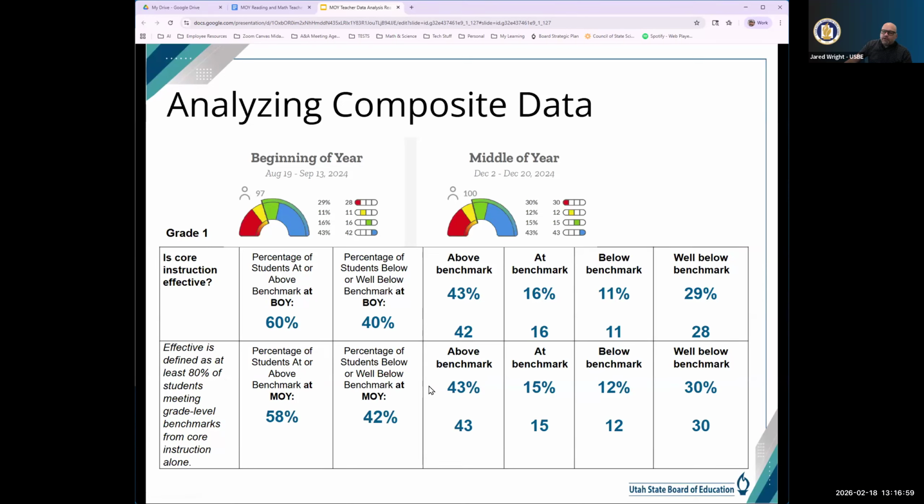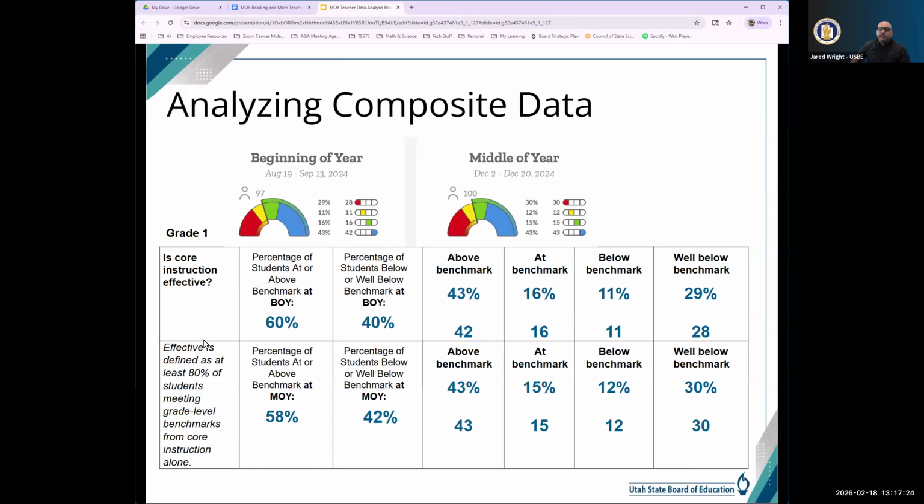And then the second row is looking at the middle of the year, students that are at or above, and students who are below or well below percentage, and then pulling those out to see what that looks like. And really, we're trying to answer the question, is the core instruction effective?